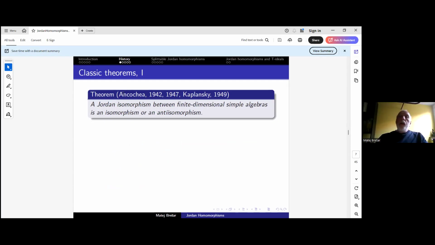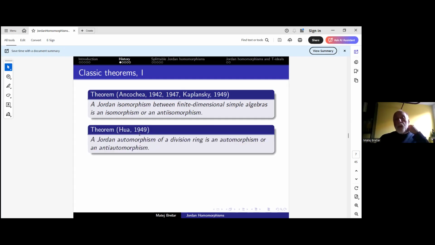And I will now state some classic theorems. The first mathematician who considered them was a Spanish mathematician, Ancochea. The theorem which you can see here is due to him and Kaplansky. Actually, this formulation is due to Kaplansky, but Ancochea was very close. So Jordan isomorphisms between finite dimensional simple algebras are just isomorphisms or anti-isomorphisms.